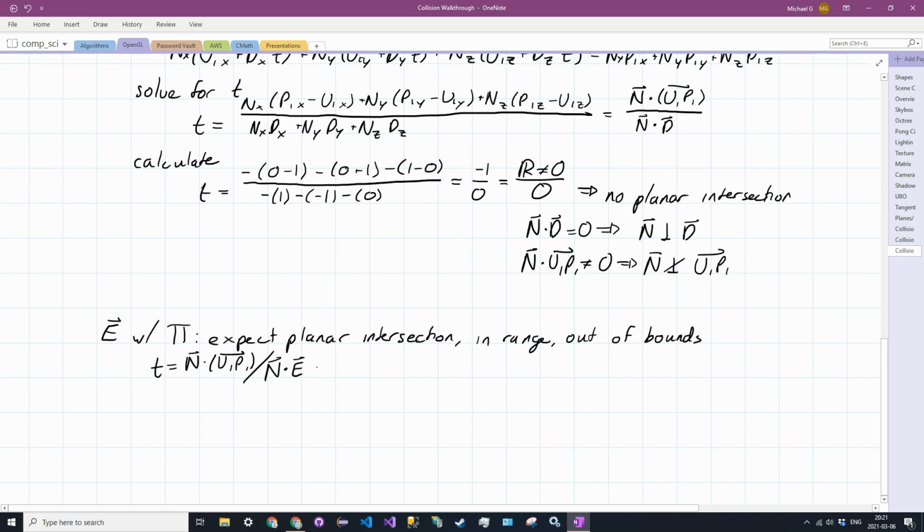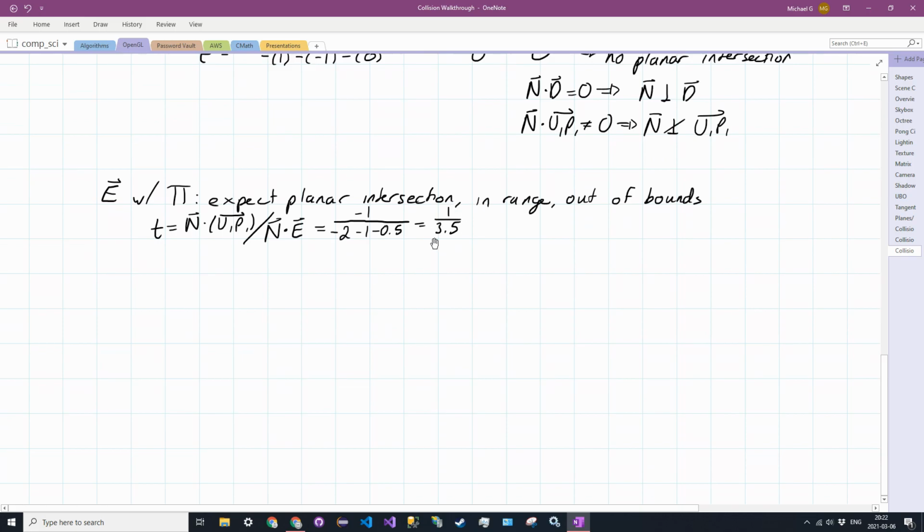And if we do the math, we get that this is going to be equal to negative 1, which we found before, over negative 2 minus 1 minus 0.5, which is equal to 1 over 3.5. And you have to keep this exact. Now, what we have to do with this information is determine if it's in range. So t is approximately equal to 0.28, which is in the range 0, 1.